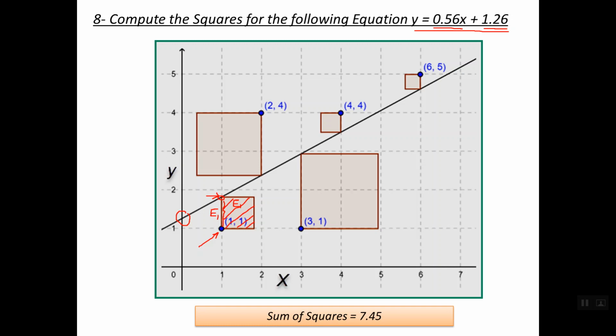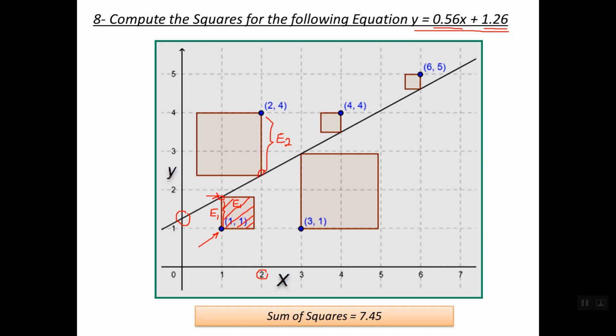We do the same for the second point, for x equal 2. This is the value of the error. This is E2. It can easily be computed.